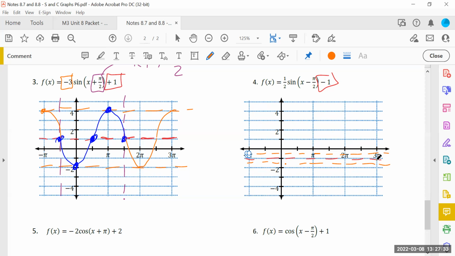That -pi/2 is to the right. So we're going to start here. And the 2 pi end line also shifted right.